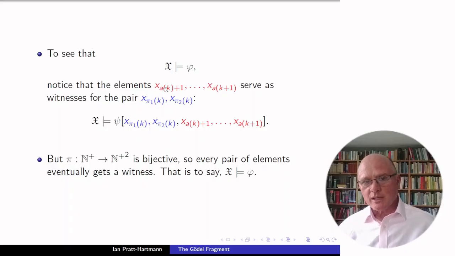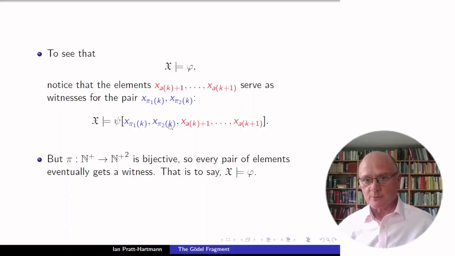Well, when we defined the type zeta k plus 1, we were careful to make these new elements of the type zeta k plus 1 be witnesses for psi with respect to the elements x pi 1 of k and x pi 2 of k.